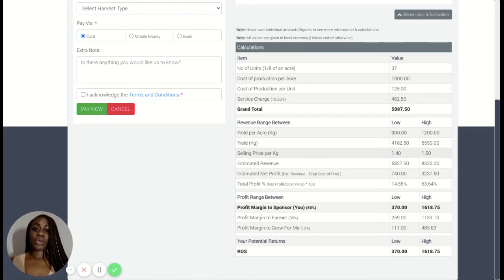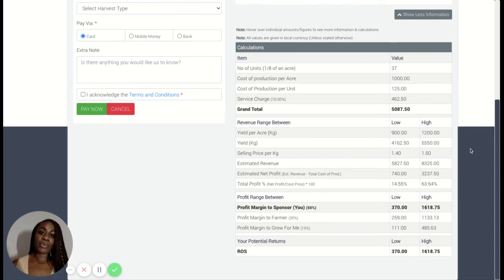The range that we are used to seeing, especially given our experience and what's available at the Ghana Commodity Exchange, is that the selling price per kilo, once you produce a kilo of soybean and sell that to an off-taker, goes from anywhere from 1 cedi 40 pesewas up to 1 cedi 50 pesewas.